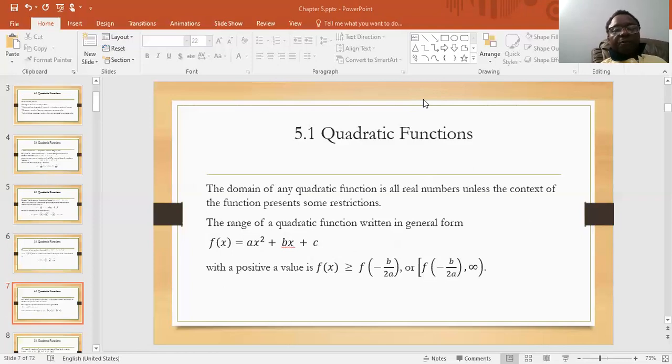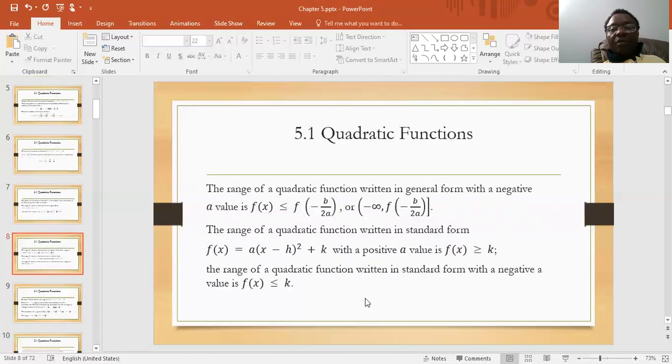The parabola looks downward when a is negative, and in that case, the range is from negative infinity to f of minus b over 2a, the maximum.